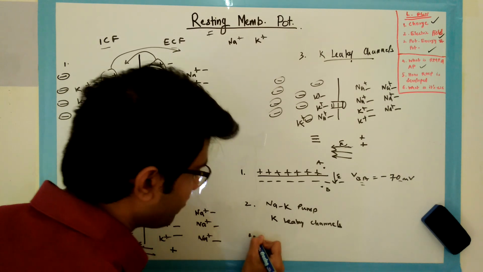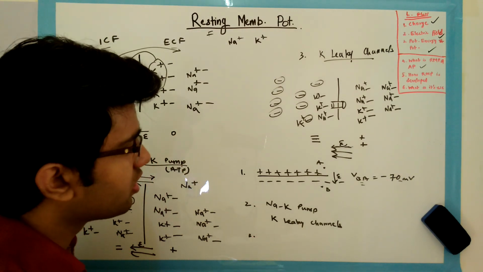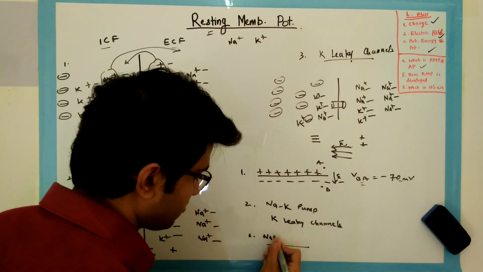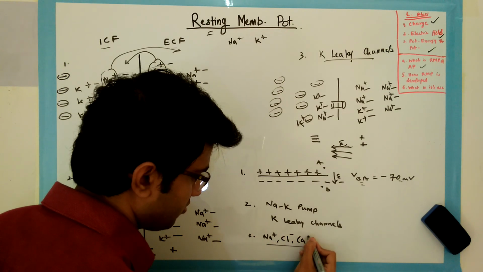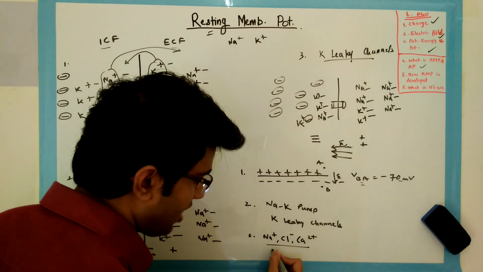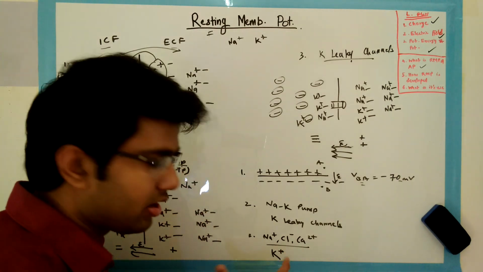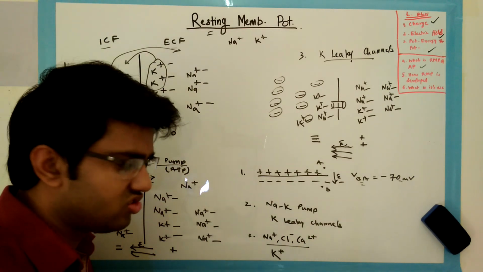And the last thing that we have to remember is that on the outside there are more sodium ions, chlorine and calcium, and on the inside we have more potassium. And in fact, that's why we say that cells are a bag of potassium, because they have a lot of potassium ions inside the cell.